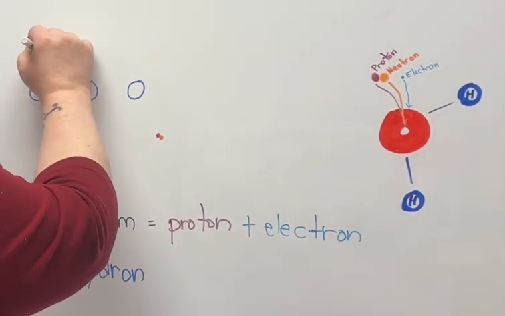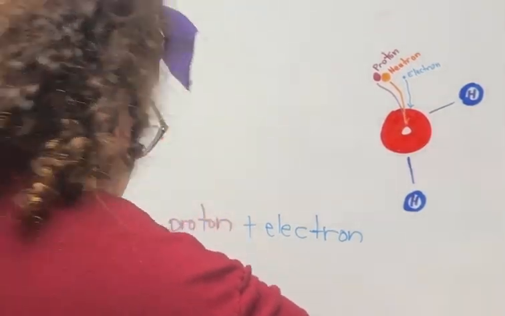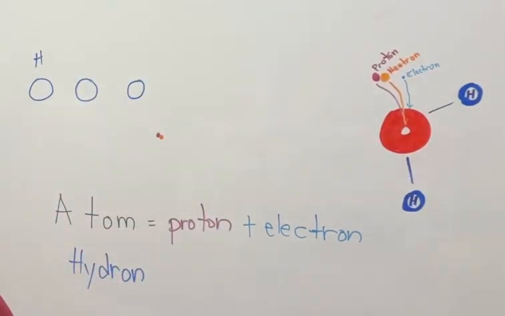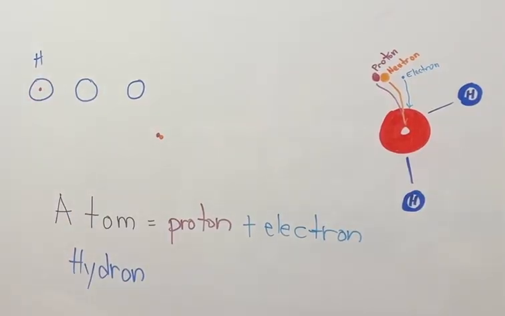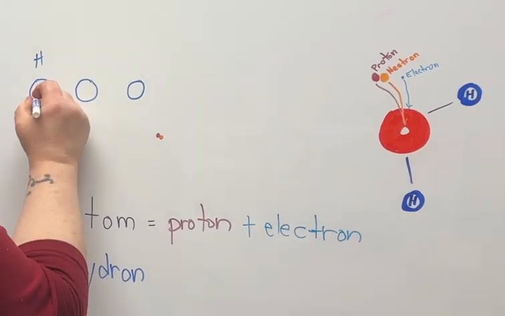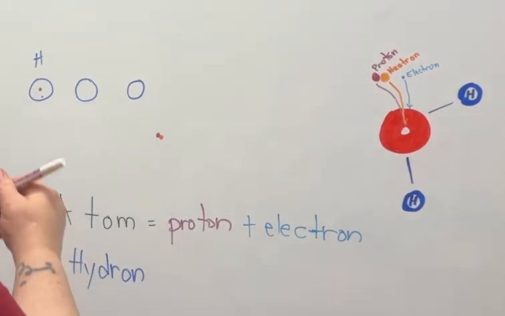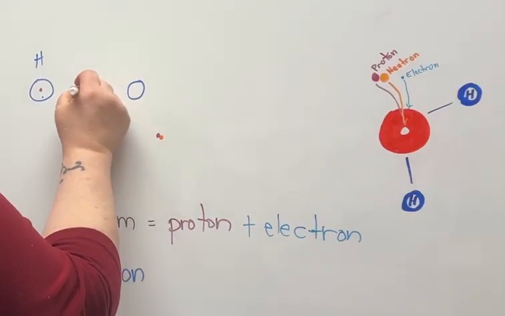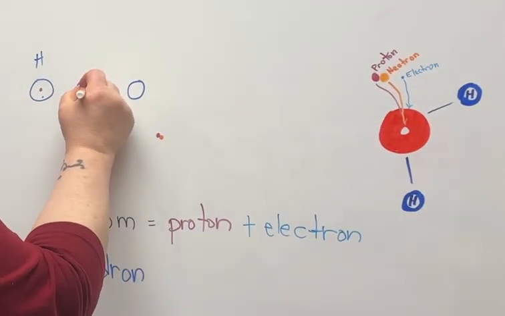Hydrogen by itself has no neutrons. It just has a proton floating around in the middle and an electron floating around on the outside of it. Hydrogen in its next version of itself as an isotope has a proton and somehow it acquired a neutron.